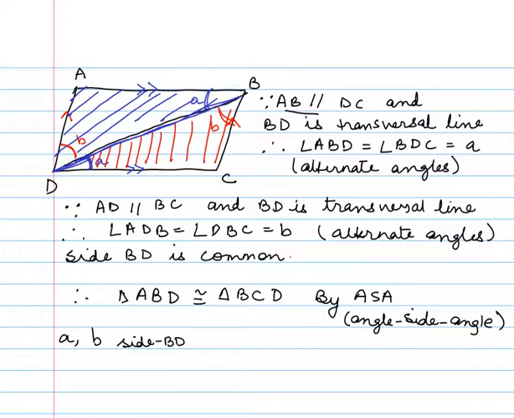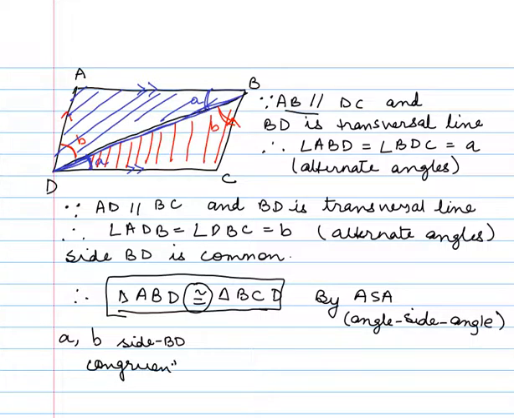Therefore, we can say that triangle ABD is congruent to triangle BDC or BCD. See, this is a sign of congruency. Congruency means that in case of triangles, we say that triangles have same shape as well as size.